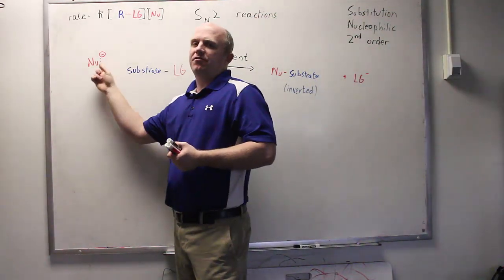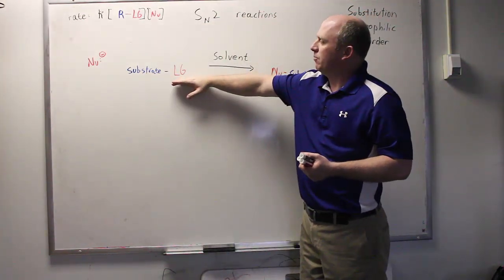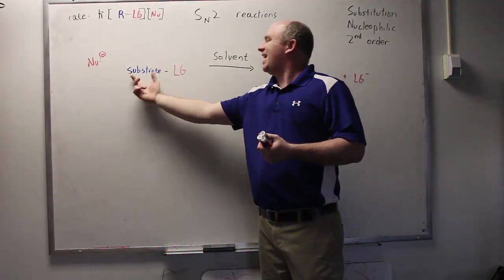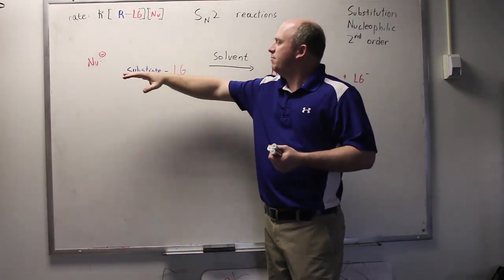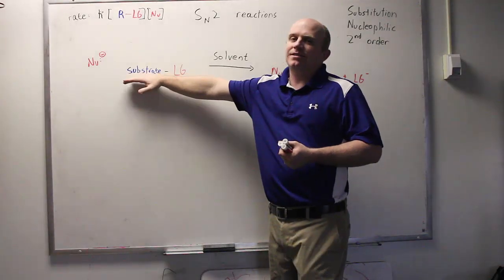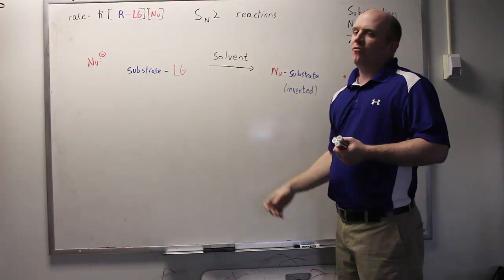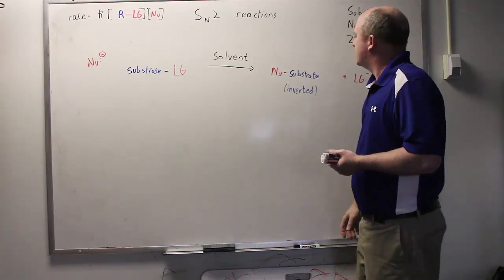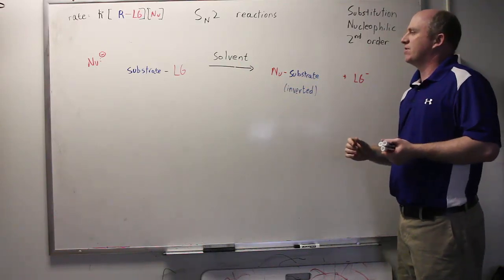The more nucleophilic the nucleophile, the better this reaction goes. The better your leaving group, the better this reaction goes. The size of the substrate has to matter. All of the attacks are happening from the backside, so size, degree of substitution of the substrate has to be important. Solvent for an SN2 reaction also clearly matters. These are many of the factors that go into whether a substitution reaction can take place or not.